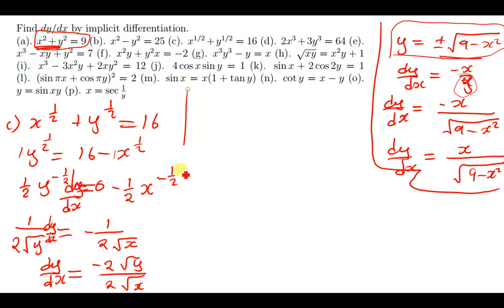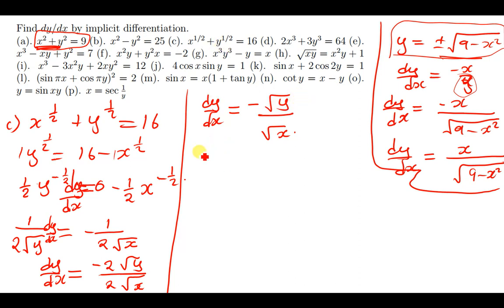So our dy dx will therefore be equal to negative root y over root x. But remember, we have this expression, we have to make y the subject, and then we replace it there. So depending on how your lecturer wants your work to be, you can either leave it like this, or you make y the subject there and replace it there.